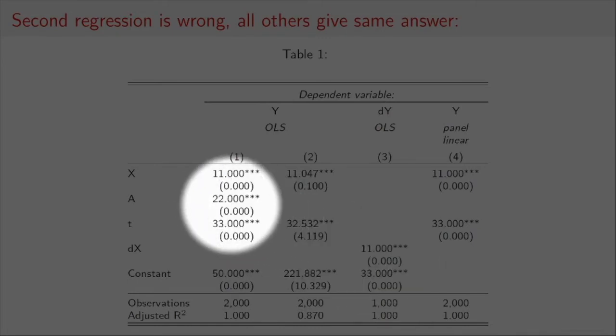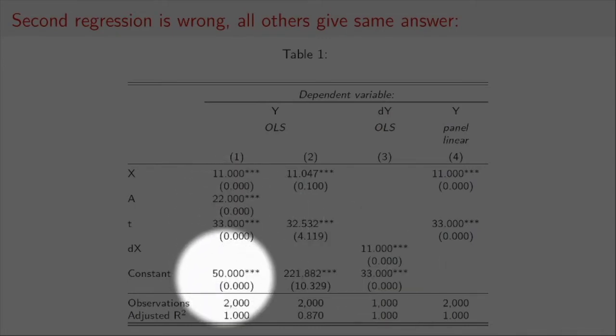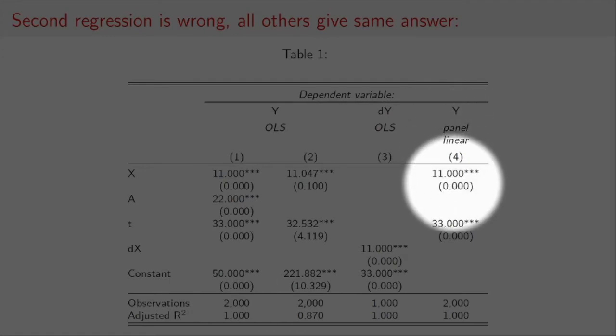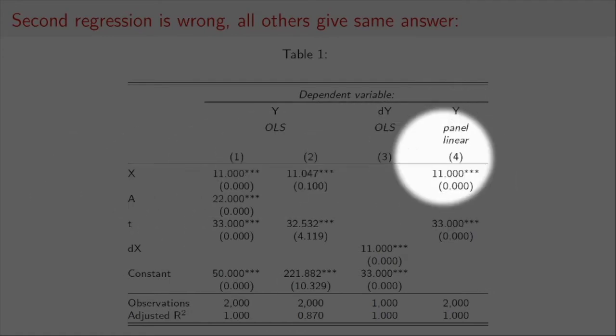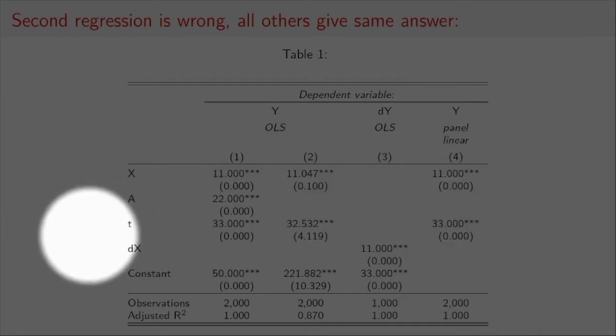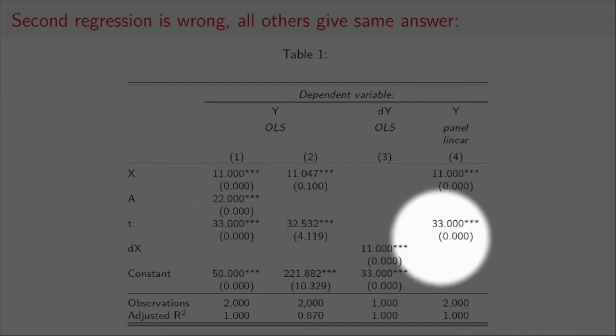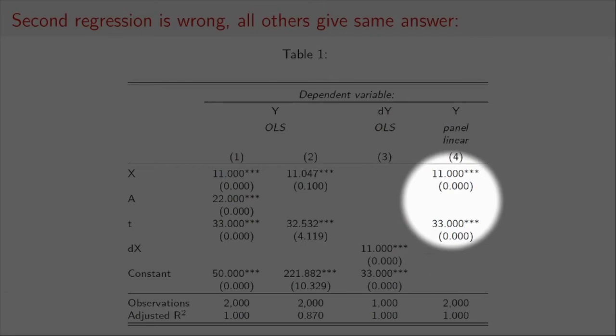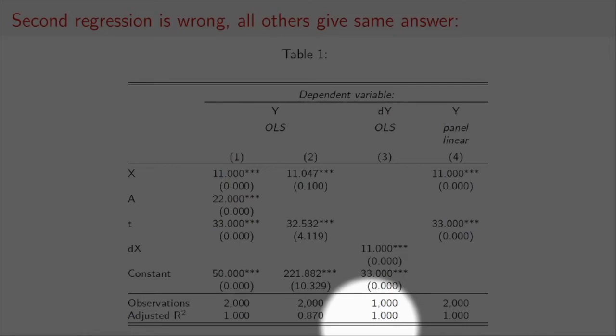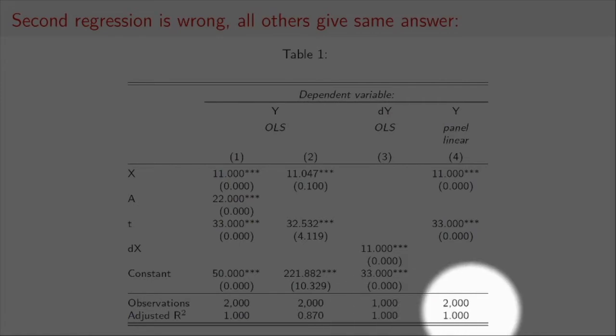Then the 22 disappears and the alpha disappears. And here, look, in this fixed effects model, we get the coefficient on x being the same one, the coefficient on t, the tau, being the same one as before, and we lost the need for controlling for a. And even though we did not control for a, we are getting the correct coefficients. And the adjusted r squared shows that we also have a perfectly matching model once again.